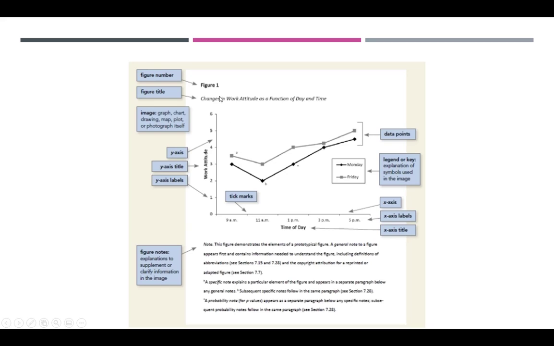As I said, if this was the 6th edition, the figure number would be underneath, and the title would actually be a caption, incorporating the note information. So there are key differences, but just be consistent. Either 6th or 7th is fine as long as you stick to that throughout.